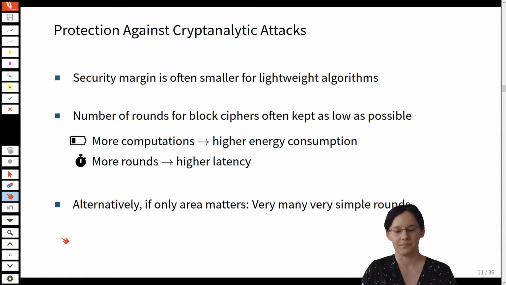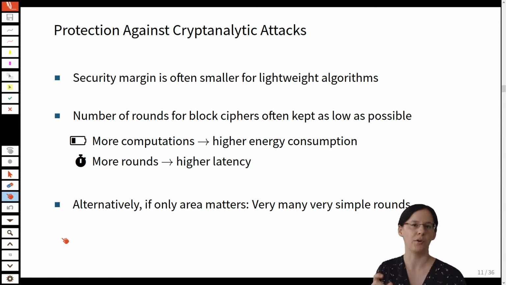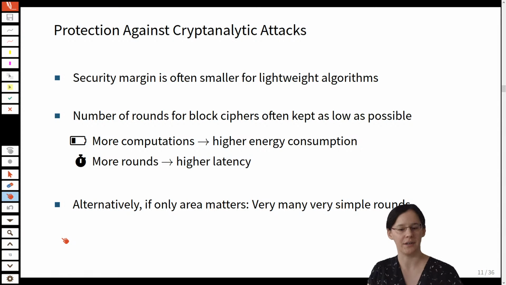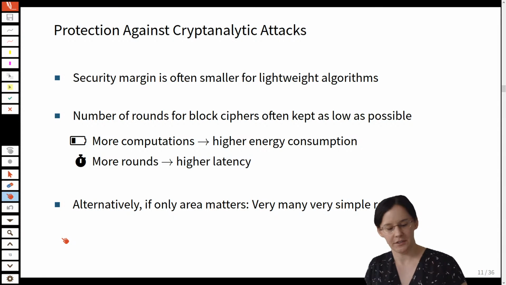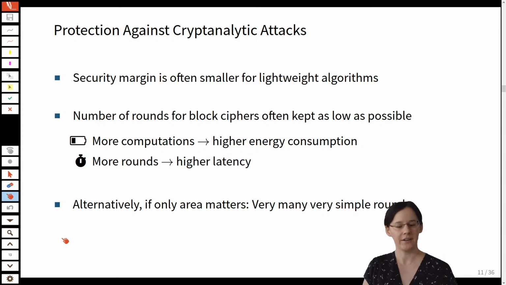And lightweight ciphers, in particular those that aim for low latency, often try to win a bit by making a smaller security margin, which means that the risk that some of the attacks will be improved to actually cover the full cipher is higher. So being riskier is often something that lightweight ciphers do. And this is because having more rounds costs in energy and costs in latency.